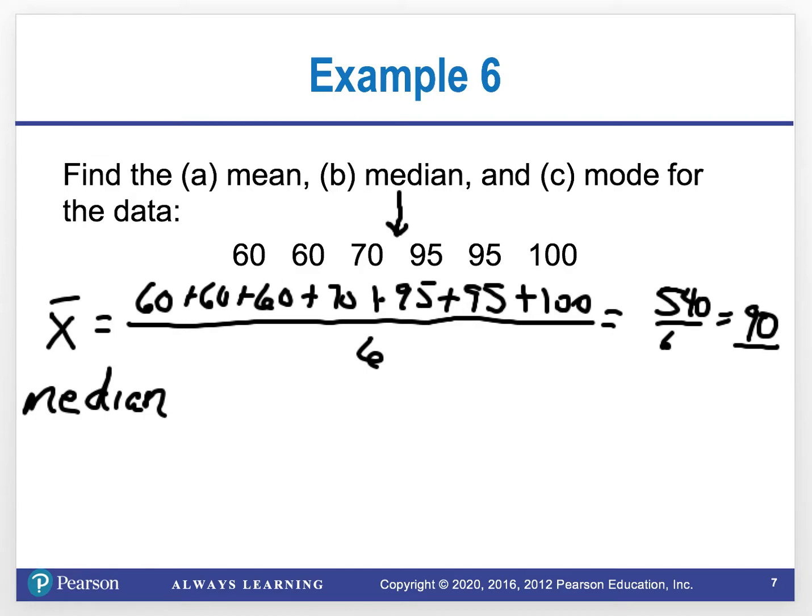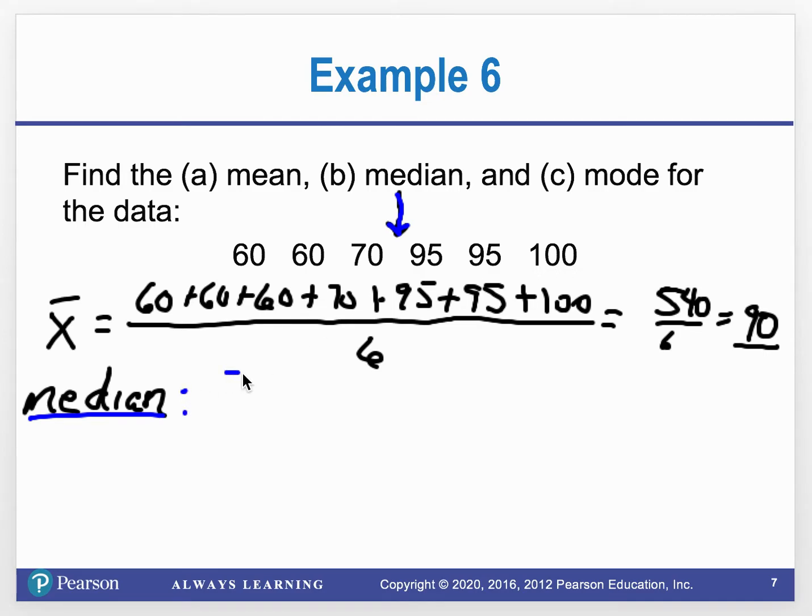I'm going to change colors just to help us keep them different. Right, in the middle. So now I know I need to get halfway in between 70 and 95. Notice from this point, there's 3 numbers on this side, 3 numbers on that side.